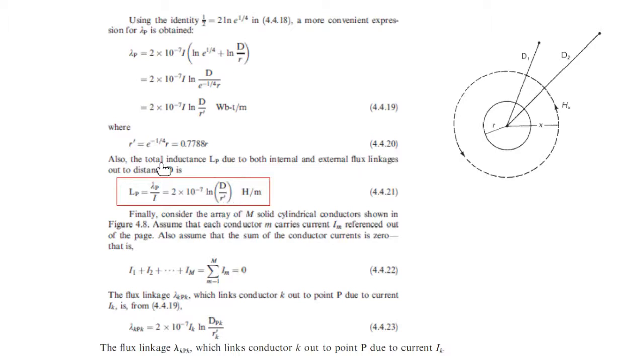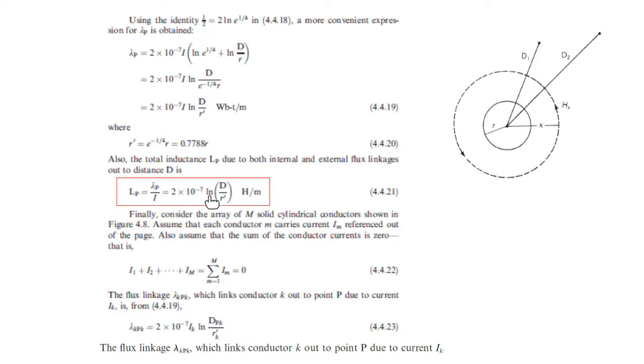And R prime is the radius of the conductor times 0.7788. Where do we get 0.7788? We get it from e to the power of minus 1 over 4. Where do we get e to the power of minus 1/4? We get it from the identity here, to make it convenient to use. This is the idea, just to make it convenient to use.